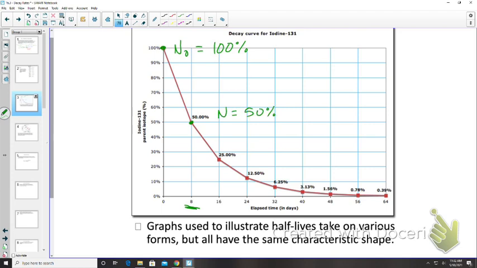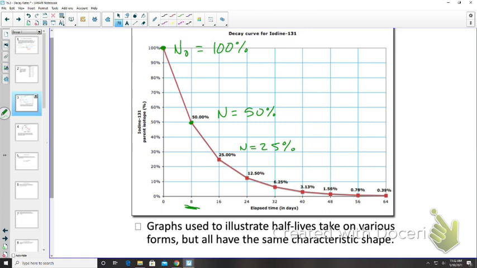Then 8 more days elapse, and that radioactive level is going to decay by half again. So then we have N equal to 25%, and that continues: 12.5 and then 6.25%. So this is an inverse squared relationship. It has exponential decay or exponential reduction.